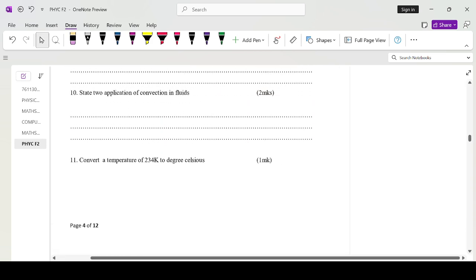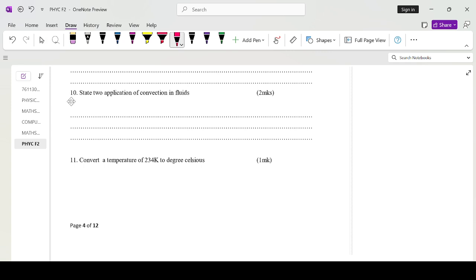State two applications of convection in fluids. Any applications of convection? We have the land and the sea breeze, right? That is one application.